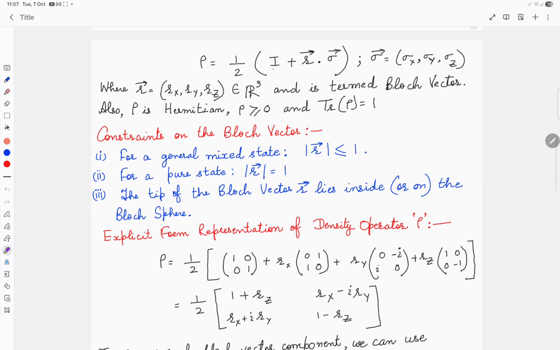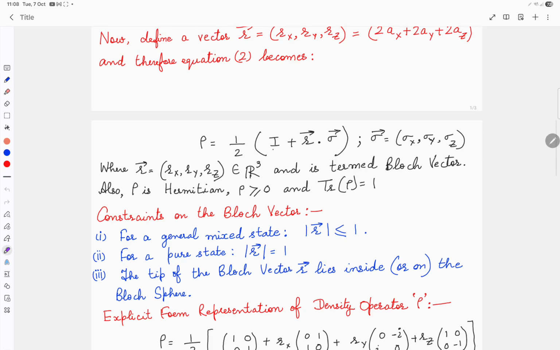Now the tip of the Bloch vector lies inside the Bloch sphere or on the Bloch sphere. So that has to be understood. If it is less than 1, that means if it is not lying on the Bloch sphere, rather the length remains inside the Bloch sphere, that will lead to a mixed state.